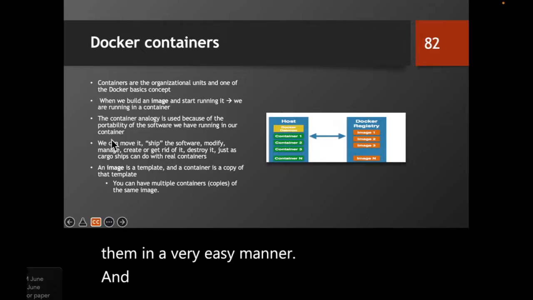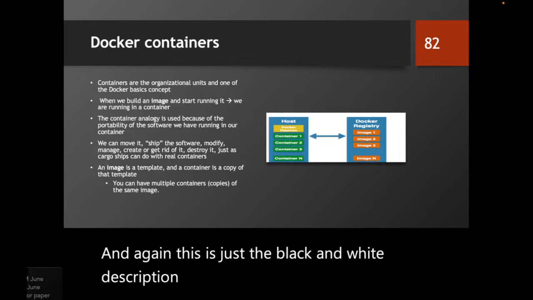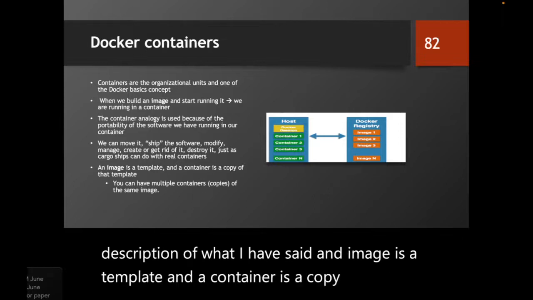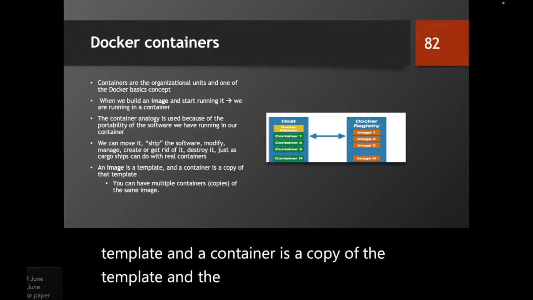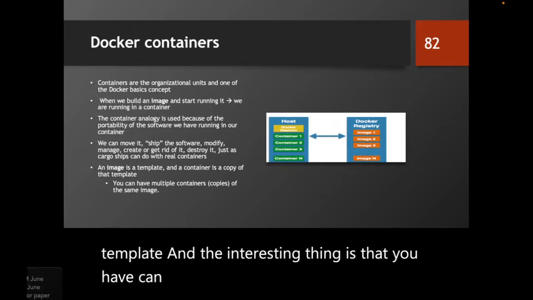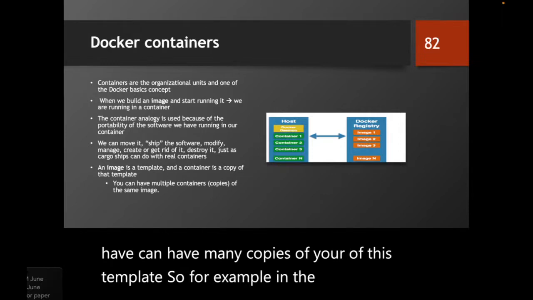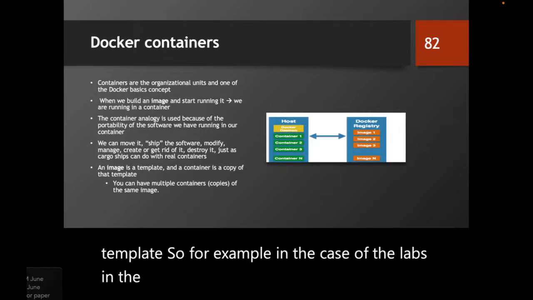And again, this is just the black and white description of what I have said. An image is a template and a container is a copy of the template. And the interesting thing is that you can have many copies of this template. So for example, in the case of the labs in the university, how many computers are there in a lab?